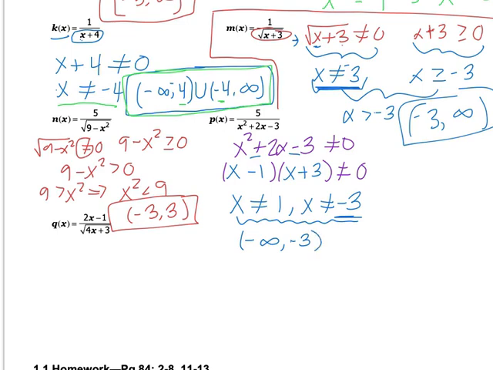And then we can't use negative 3. We pick up at negative 3, and we can use any number above that other than 1, so that creates our next interval. And then after 1, we can go infinitely large. So these are the 3 intervals. So 2 restrictions here create 3 intervals for our domain.